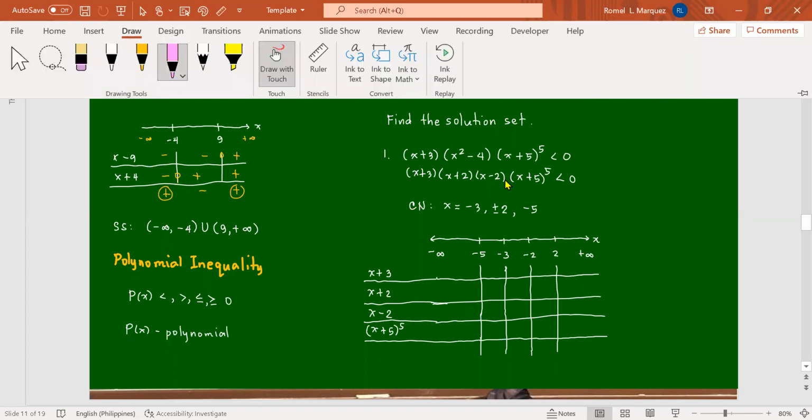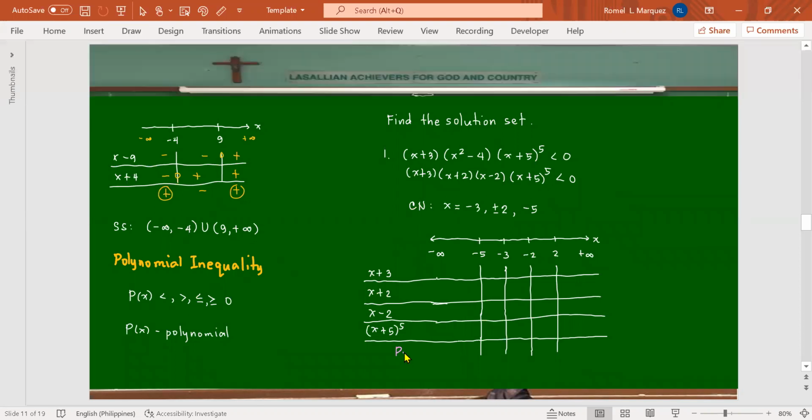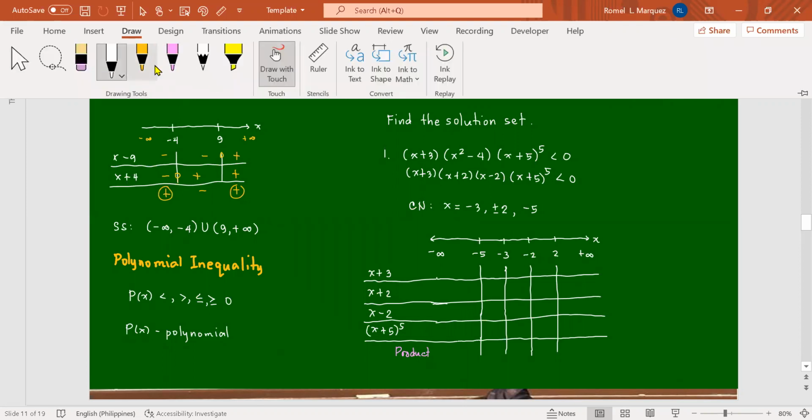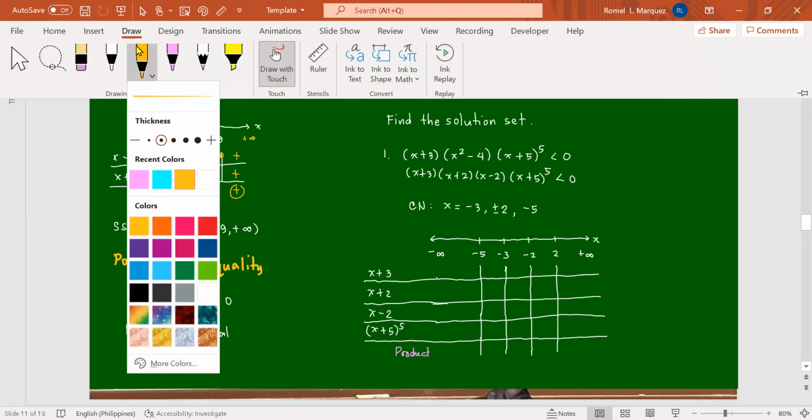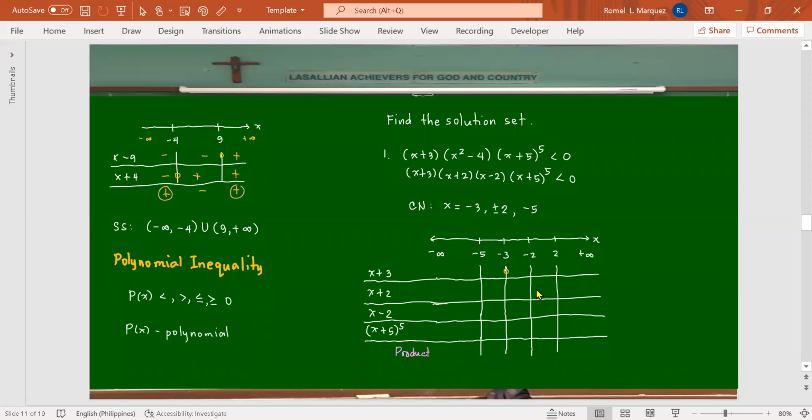What do we want with these factors? We want the product, right? Let's now assign the zeros. Where does x plus 3 become 0? When x is negative 3. x plus 2, negative 2. x minus 2, positive 2. x plus 5, negative 5.